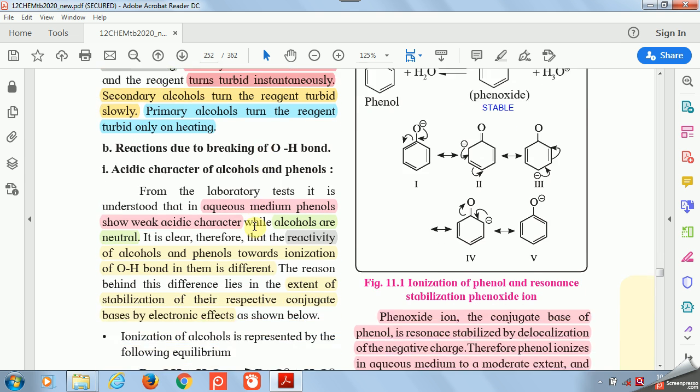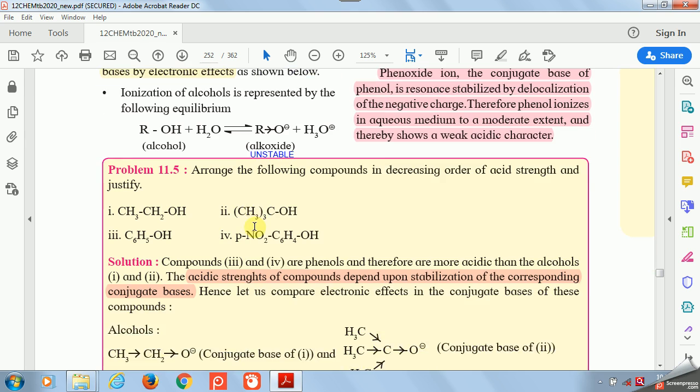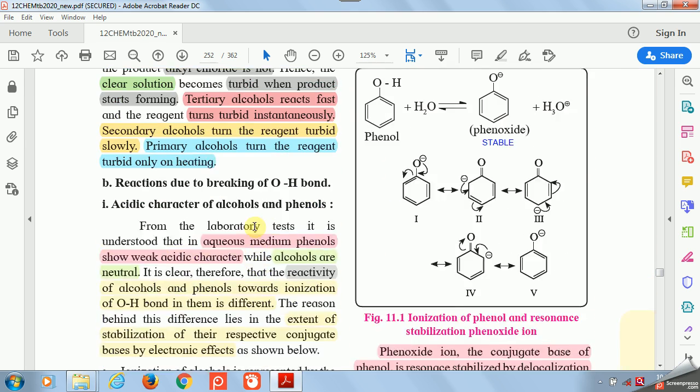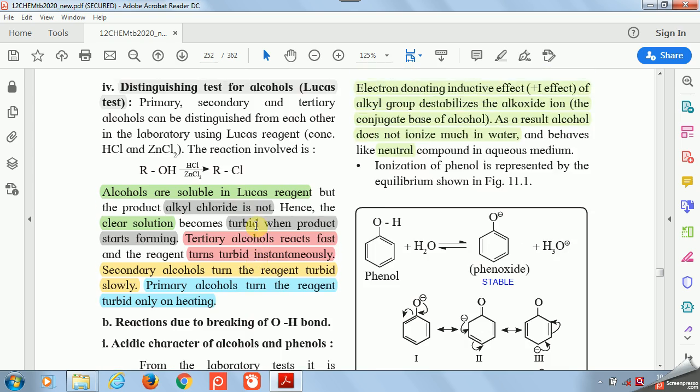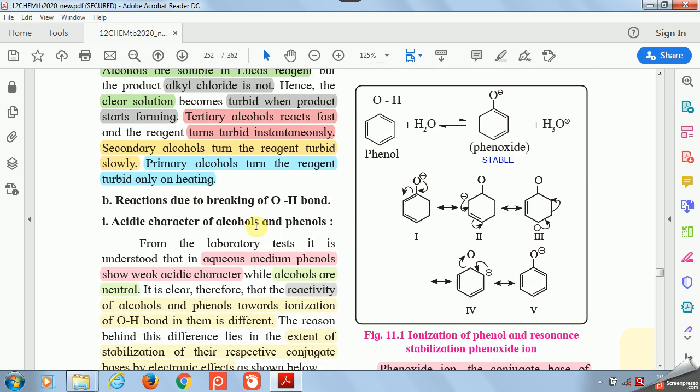Now next is reactions due to breaking of the OH bond. So, acidic character of alcohol and phenols.